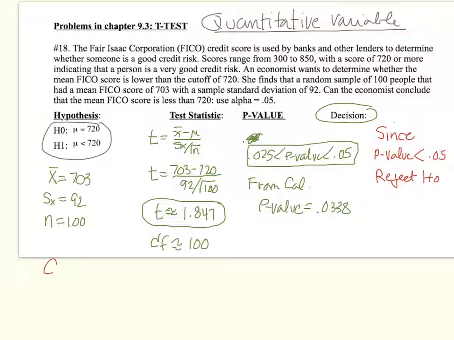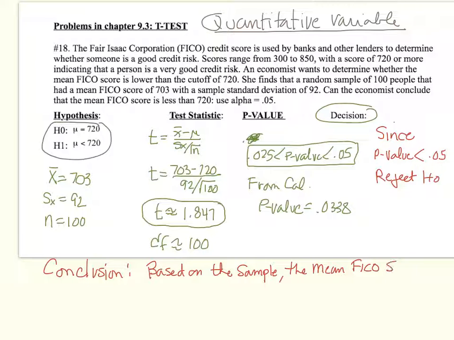So our conclusion is, based on the sample, the mean FICO score is less than 720.